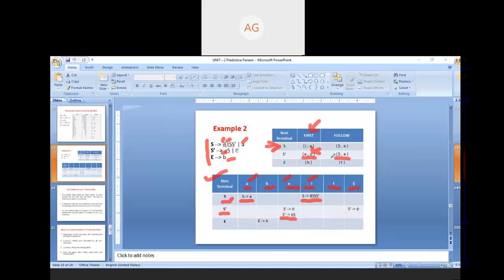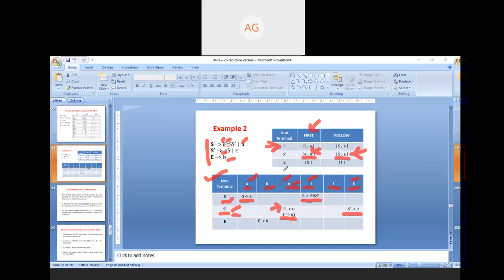So you need to fill the production S dash produces epsilon in these follow terminals. S dash versus E will be filled with S dash produces epsilon, and also S dash versus dollar will be filled with S dash produces epsilon.